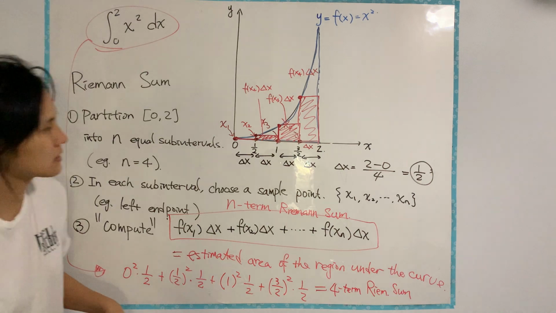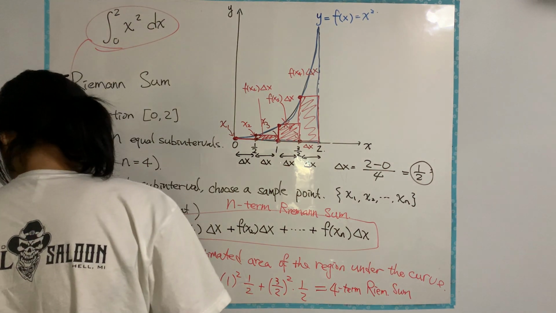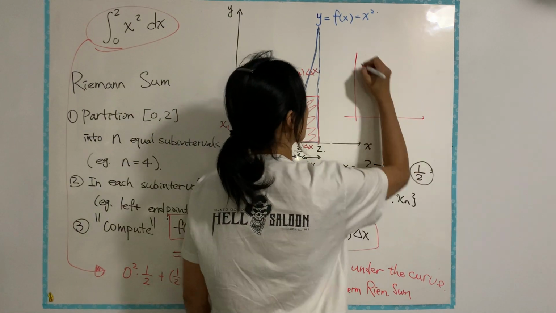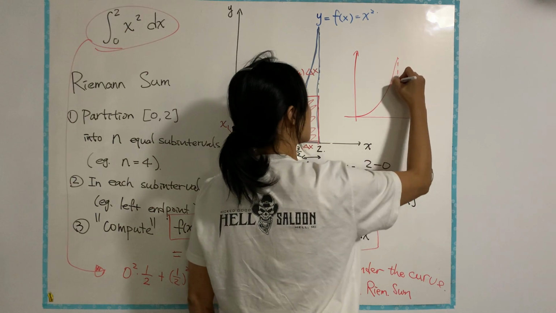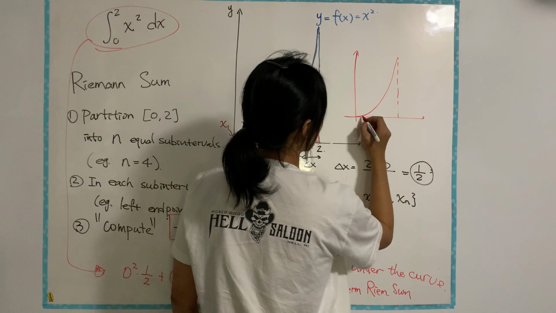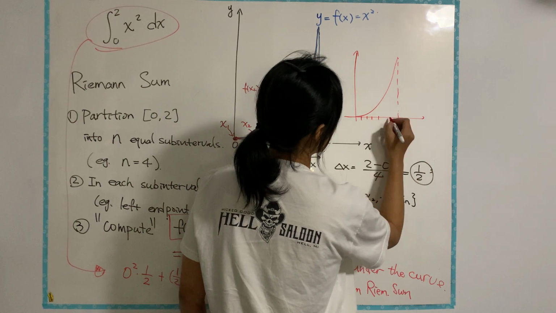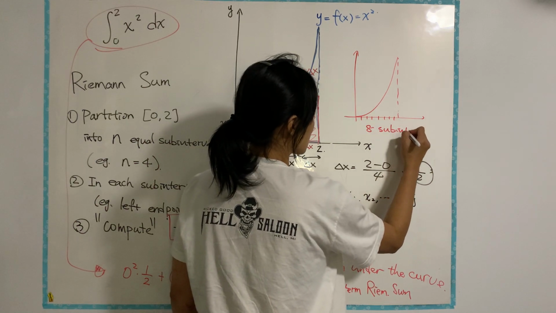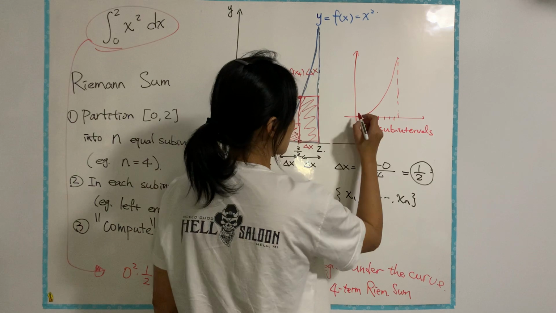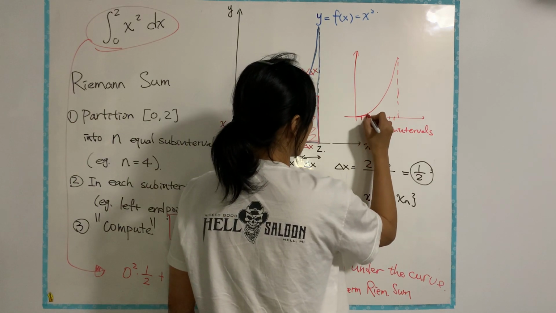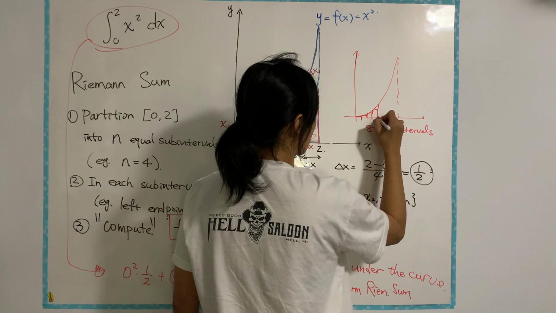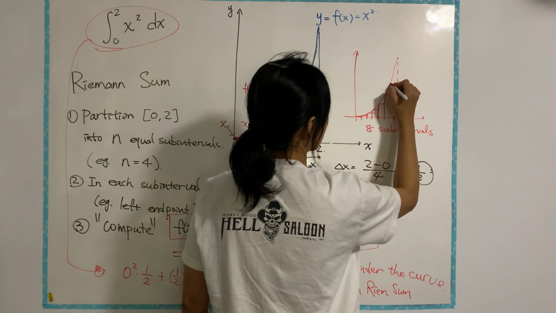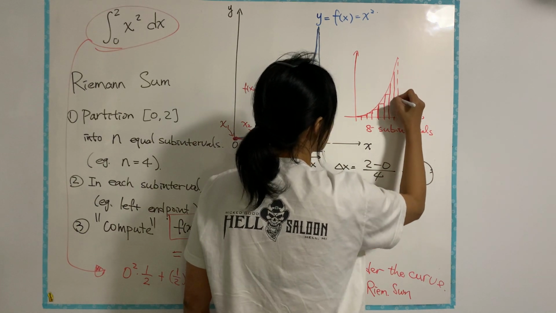Okay, all right, so now you can imagine if I cut this into more pieces, let's say if I cut this 4 into another 4, so 8 subintervals, and I still, let's say, choose the left endpoint, then the rectangles that I would construct would be these guys, right?